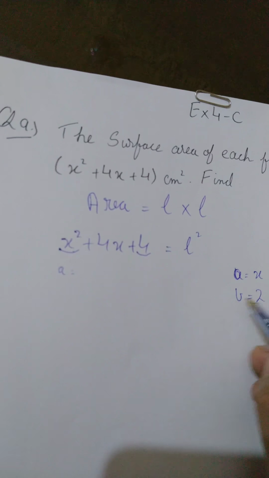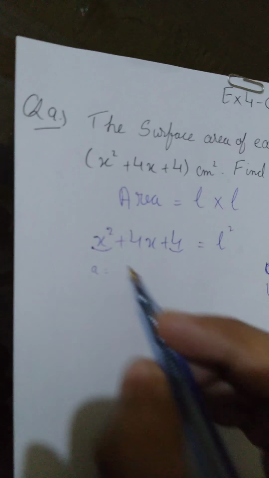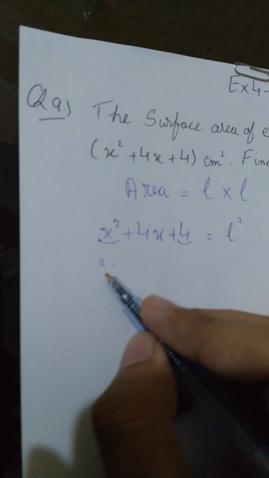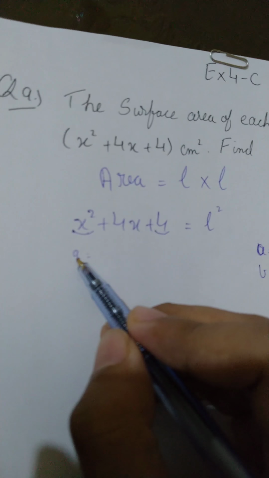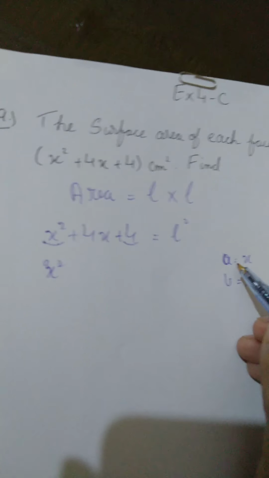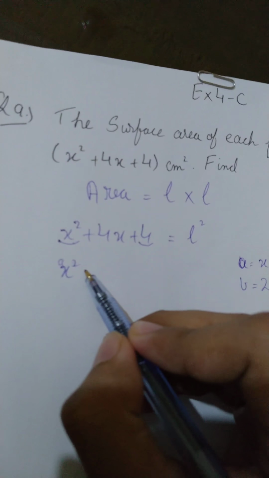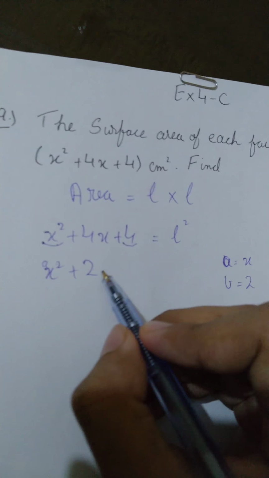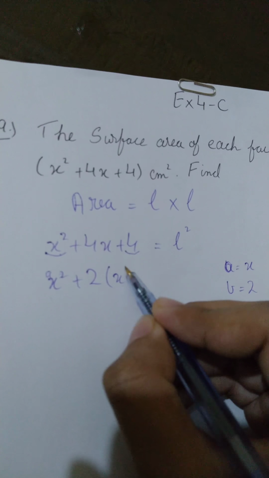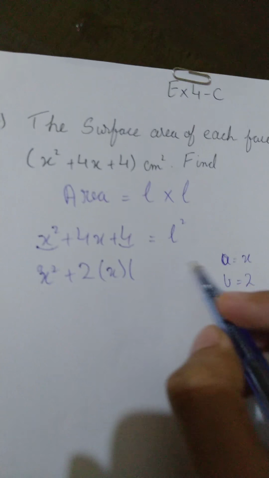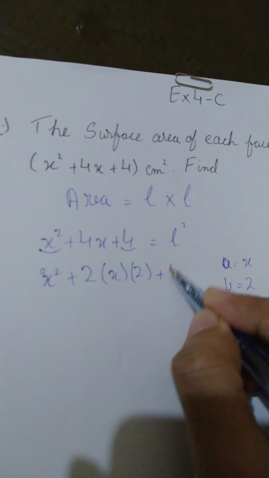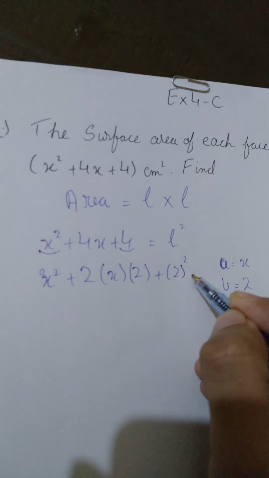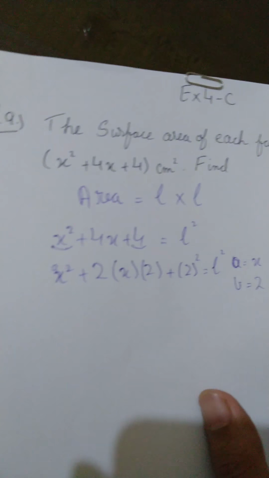So A is x and B is 2, and I can easily apply the formula. A square plus 2ab plus b square. So x square plus 2 times x times 2, plus 2 square, equals L square.